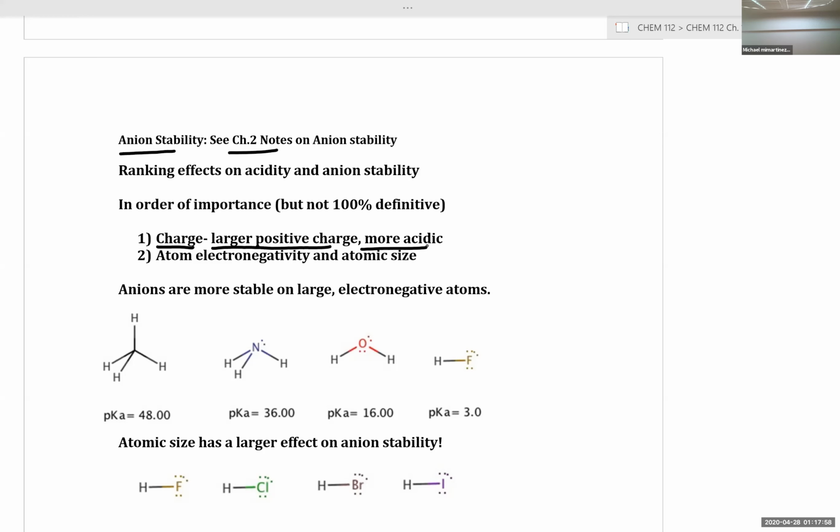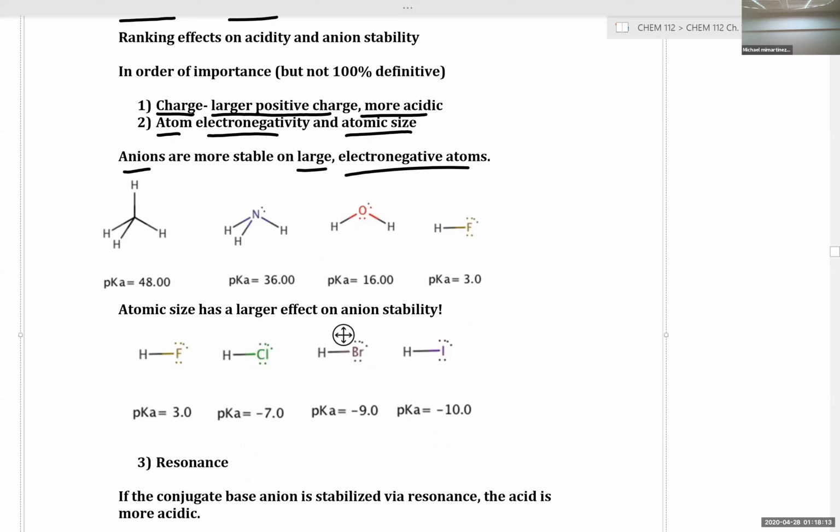Okay, that's not as relevant for anion stability as the next discussion, which is atom electronegativity and atomic size. So anions are more stable on large electronegative atoms. That's why hydrofluoric acid is more acidic. However, atomic size has a larger effect on anion stability.